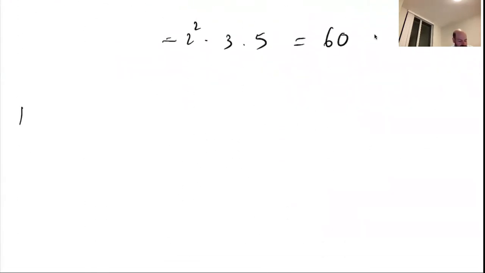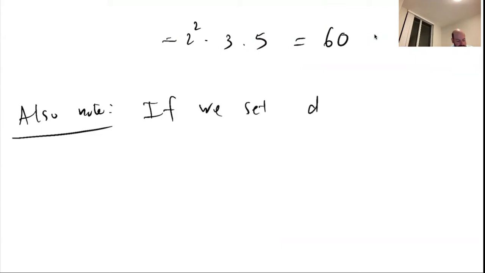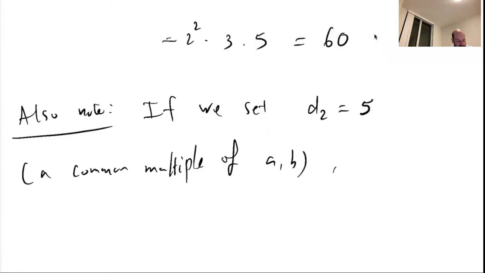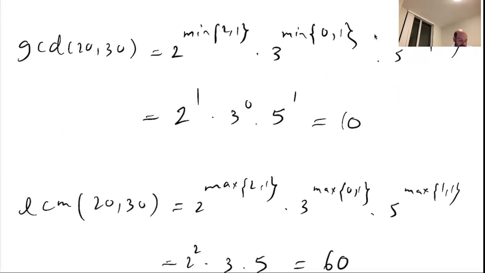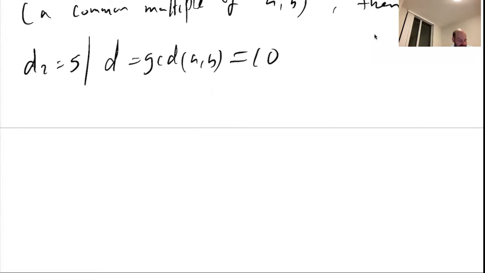So also note, if, for example, we set D2 equal to 5, a common divisor of A and B, then D2 equals 5 divides D, which is the GCD, and how much was it? It was 10, right? 10 was the GCD, and 5 divides 10.